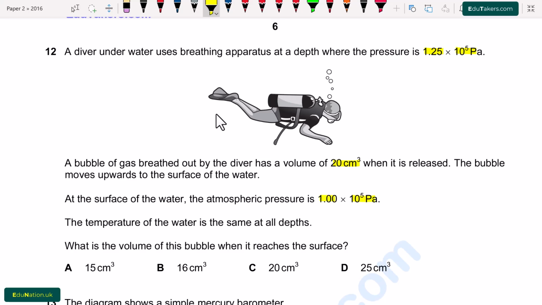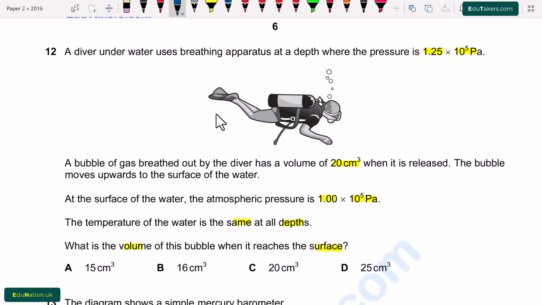The temperature of the water is the same at all depth. What is the volume of this bubble when it reaches the surface? First of all, here temperature is constant, pressure and volume are given. We have to find out the volume of the bubble when it reaches the surface, where the atmospheric pressure is 1.00 into 10 to the power 5 Pascal.